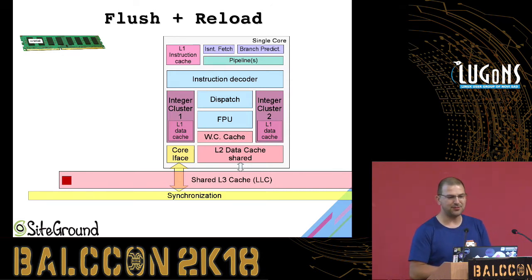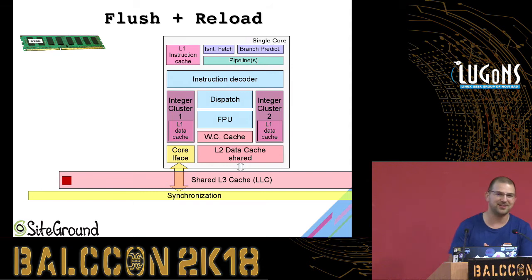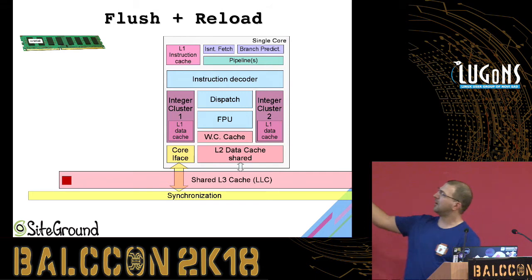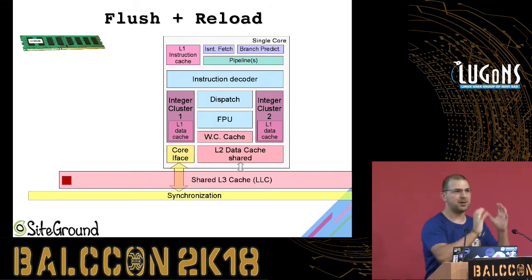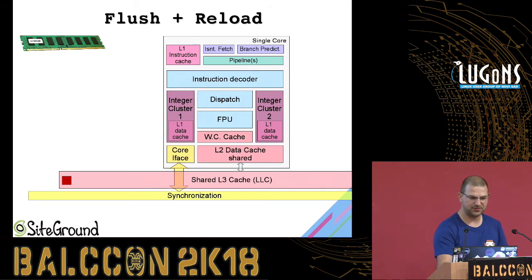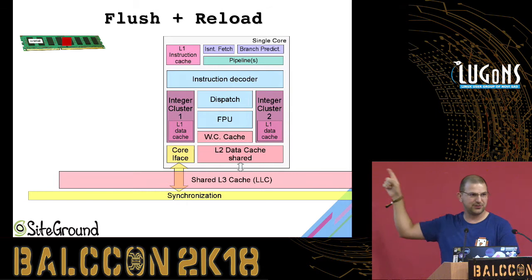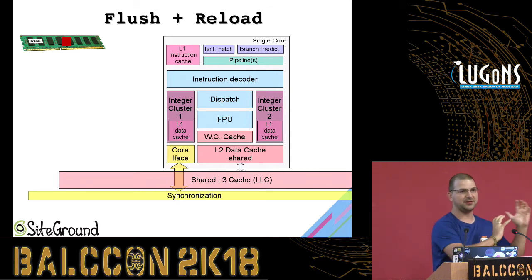But you have an instruction inside the x86 architecture that is called clflush, cache line flush. What this means is that you can clear all caches related to a memory region. So you can say, this is my memory region, and I want to flush all the caches inside the CPU that are related to this memory region.